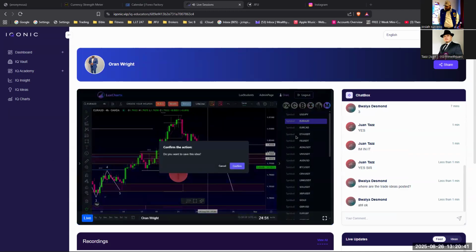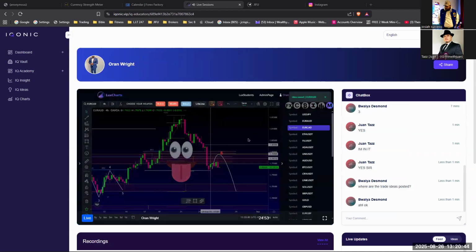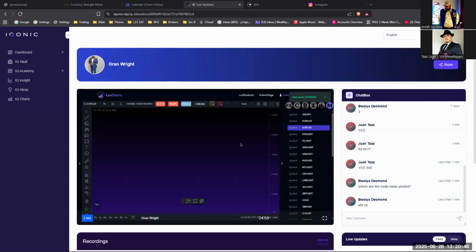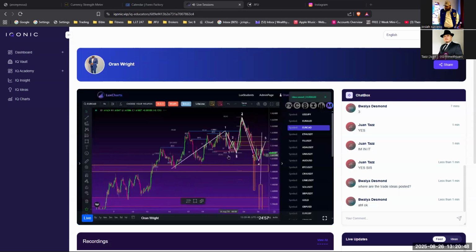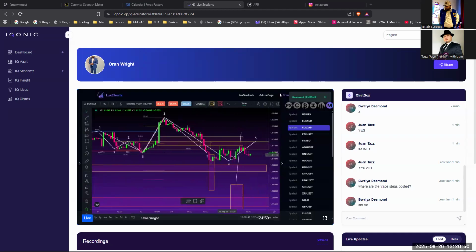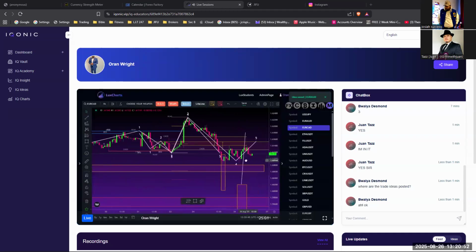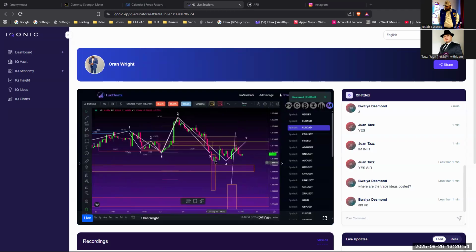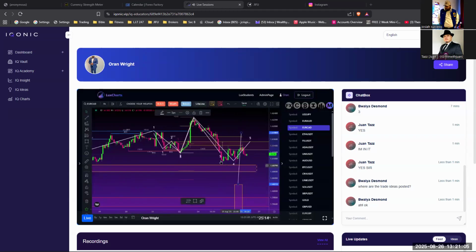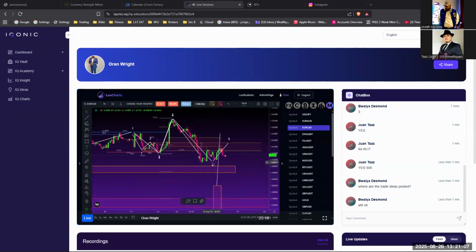All right, EuroCAD. What were we thinking on EuroCAD? We were thinking bounce off of this level because the market was here yesterday.